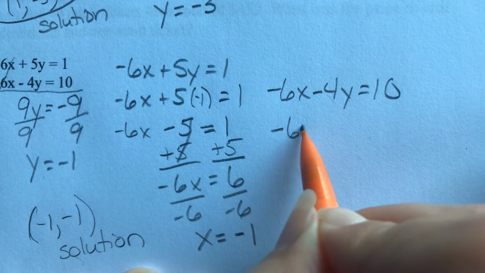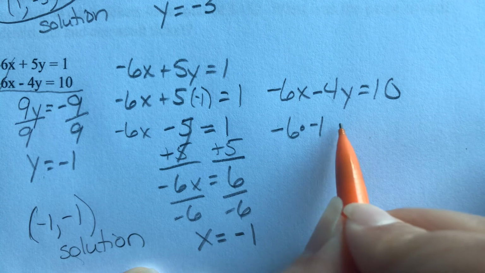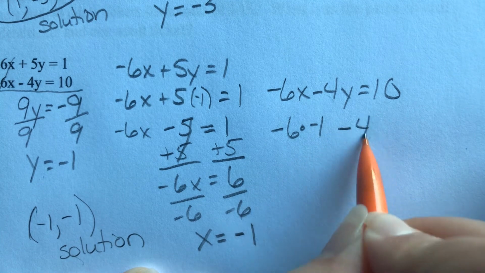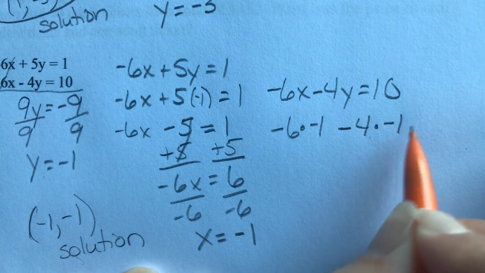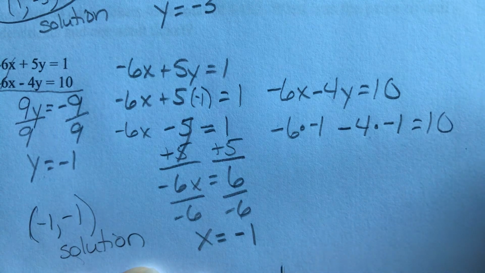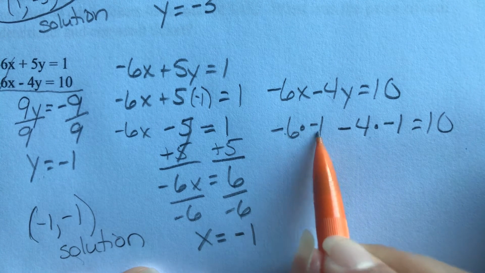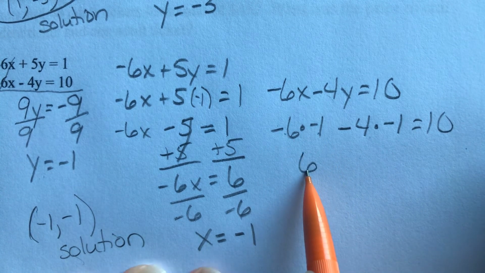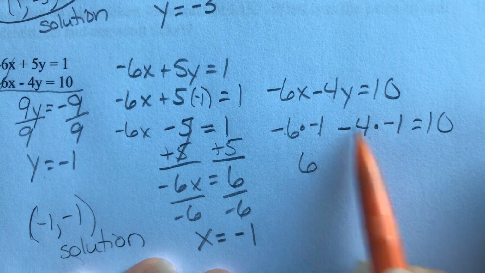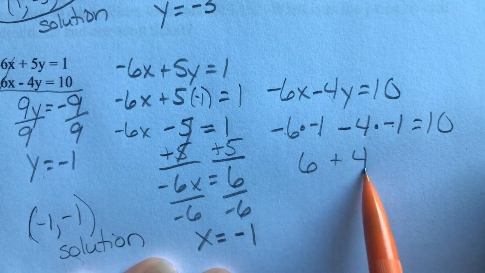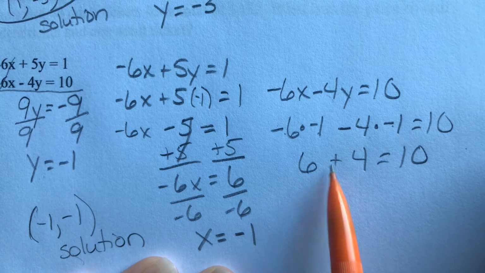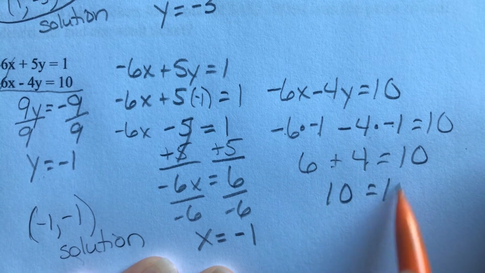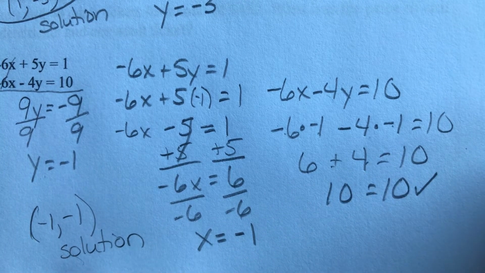Negative 6 times a negative 1 minus 4 times a negative 1 equals 10. Negative times a negative is a positive. 6 plus 4 is 10. It checks.